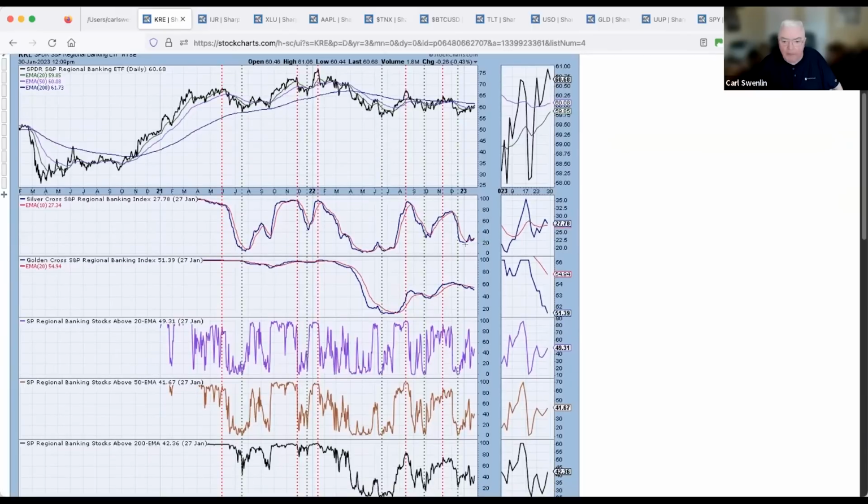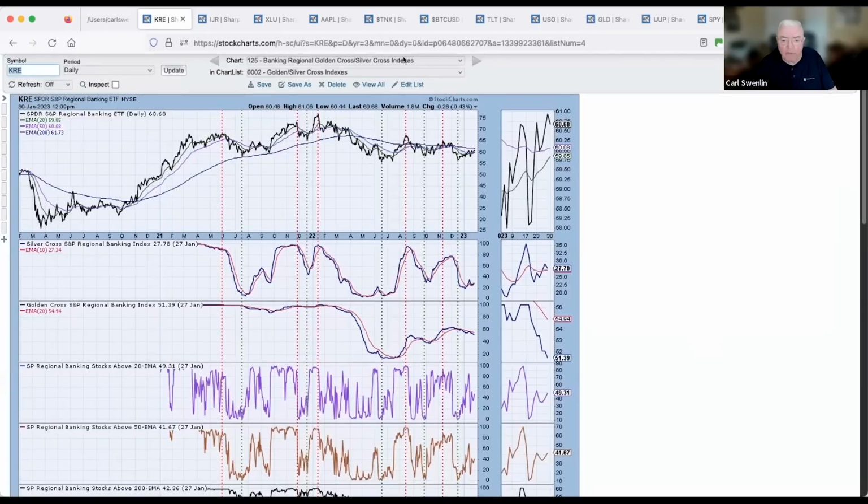I'm not going to go into detail on all these, but notice we have much less good news on that. It also got the low of the bear market in the June-July period last year, but we really don't have a higher low. We have a double bottom here, so that's not looking so great.